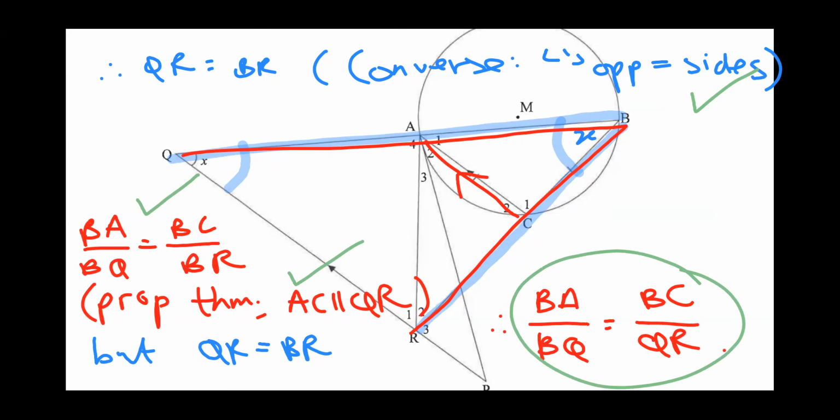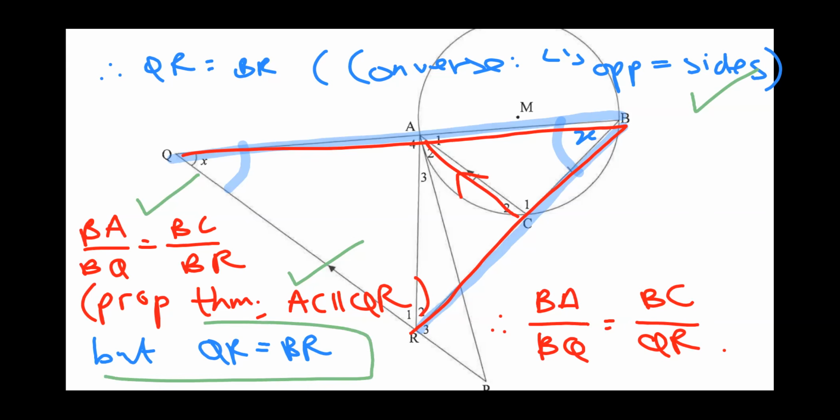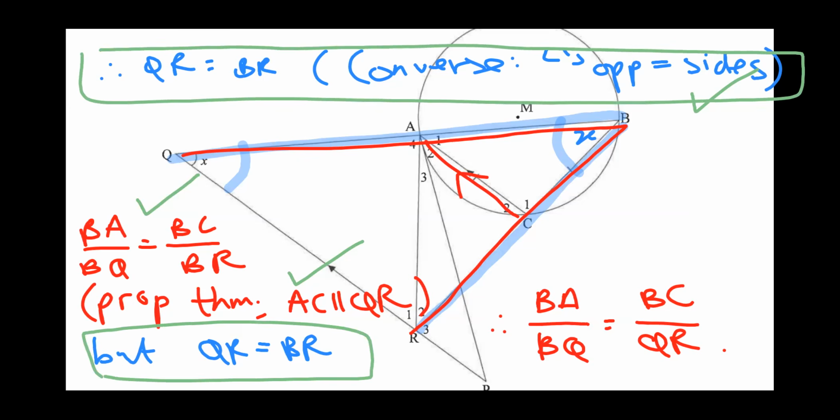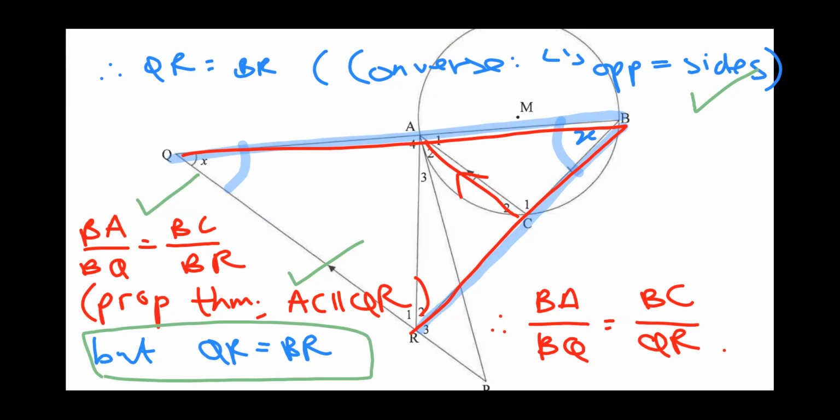But you need to write this statement here, where you're speaking about this thing that you stated. QR is equal to BR because the converse of angles opposite equal sides. So it's the reverse of the isosceles triangle.